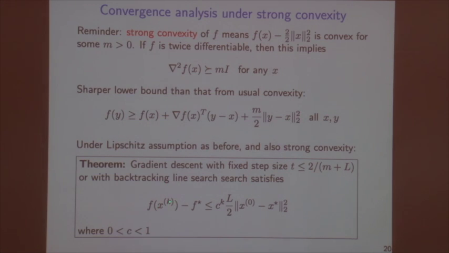So your accuracy at iteration k, f of x_k minus the optimal value f of x star, is not larger than some constant c to the power of k, the number of iterations, times some other constant depending on the Lipschitz constant and the squared norm of your initial starting point minus the optimal point, with c between 0 and 1.